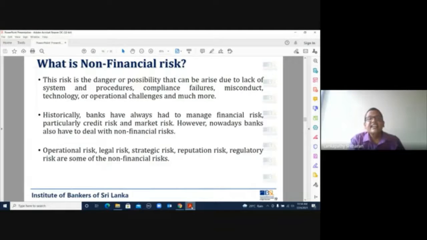The risk is the danger or possibility that can arise due to lack of systems and processes, compliance failures, misconduct, technology, operational challenges, and much more. That means operational risk is not directly involved with cash flows, but it may arise due to the lack of system.